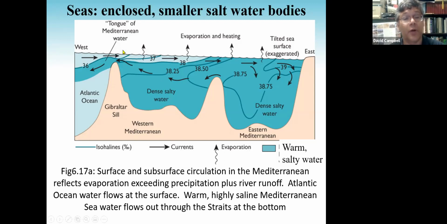You'll notice we have currents flowing in and out depending on how deep you are. This is something that can be taken advantage of by a submarine if it wants to try to sneak into the Mediterranean without making lots of noise with its motor. It can simply ride shallow current in. If it's trying to sneak out, riding the deep current out will be an option there.